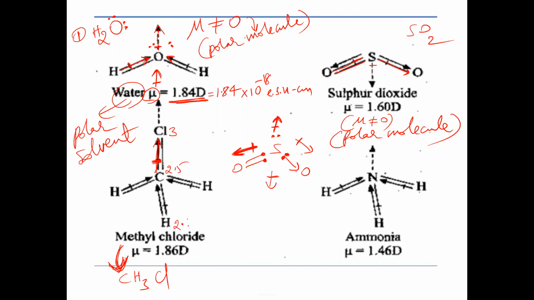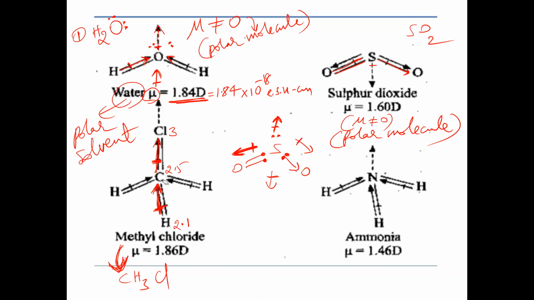Electronegativity is greater for carbon. That's why the bond moment in the three C-H bonds is towards the carbon.